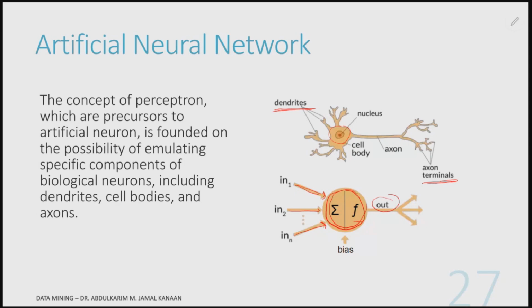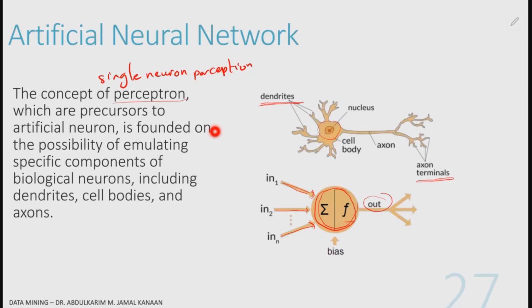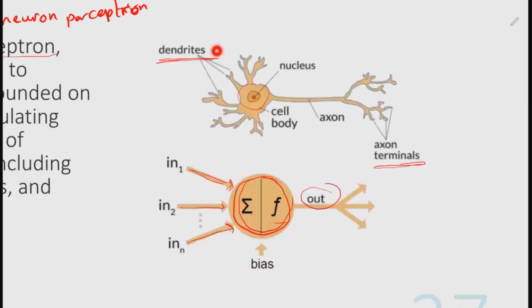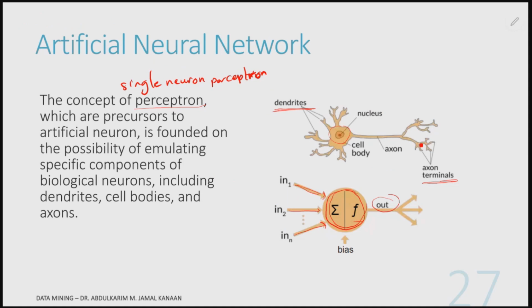And this is called a perceptron, a single neuron perceptron, because a perceptron can also be single layer. Anyway, later we talk about perceptrons.